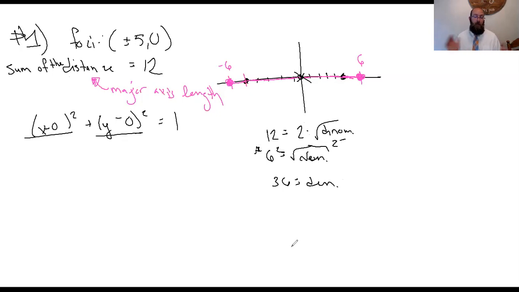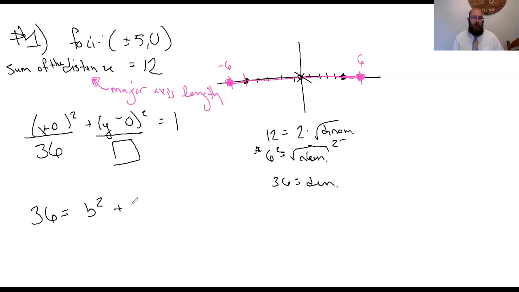And remember, that's going to be left and right for us because I was looking at my major axis and it was left and right. So that's a 36. How do I find my missing one? I don't know this value here. Well, let us go to our formula. The major axis, 36, is going to equal my minor axis, let's use b squared this time, plus my focal distance squared.